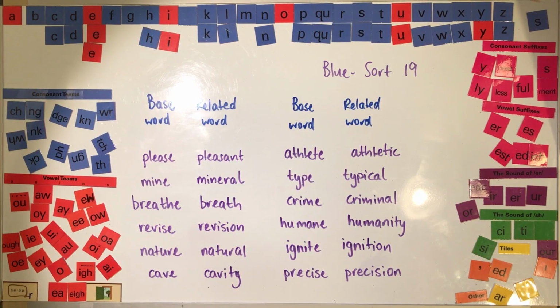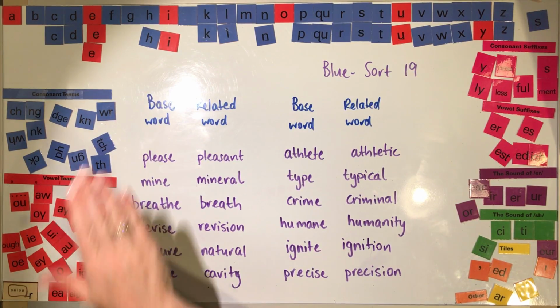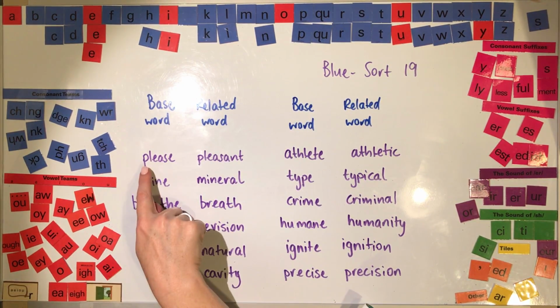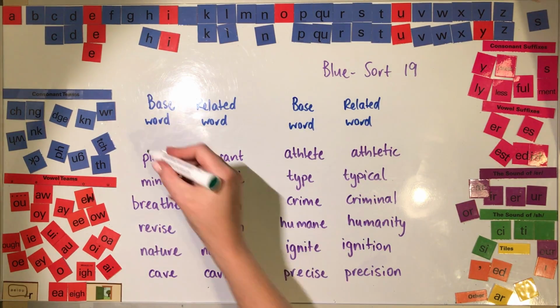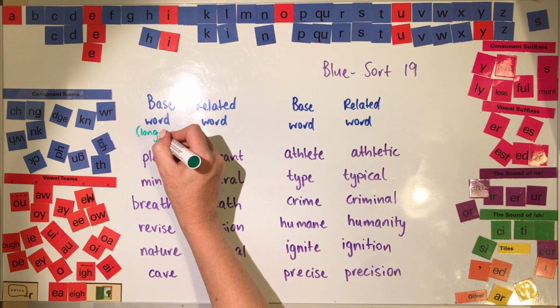Okay, so one last thing about these I wanted you to just note is that while I have sorted them base word, related word, I've actually also put them into a column where I've got long vowel sounds. So I'm going to put that under here, long vowel.